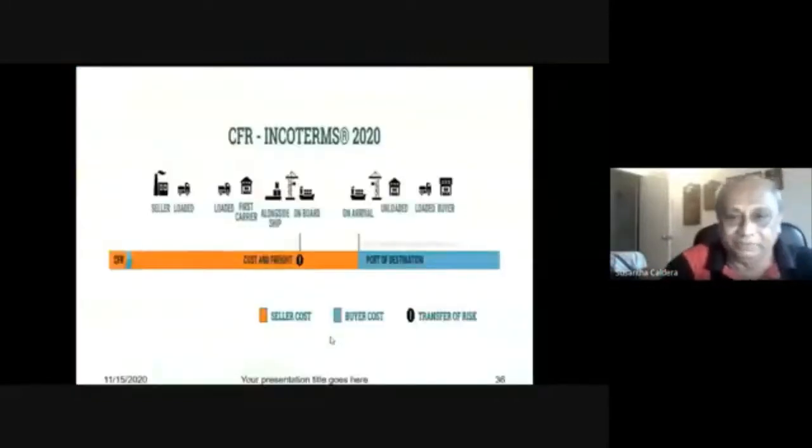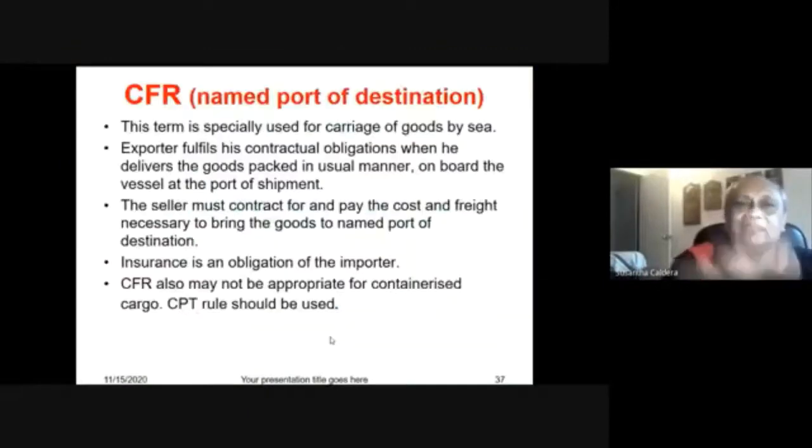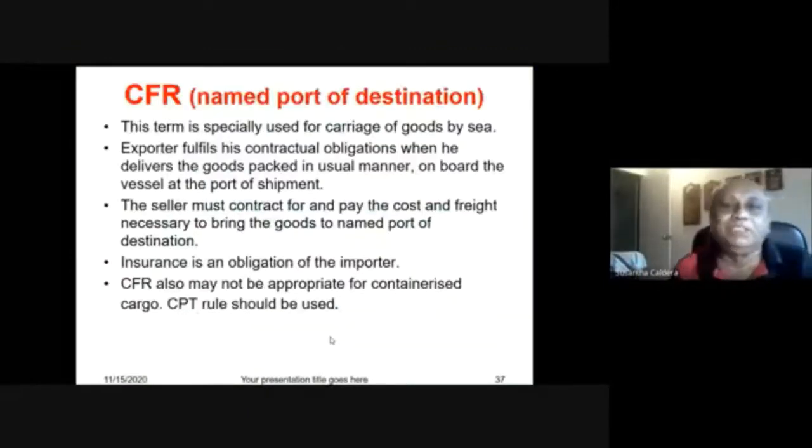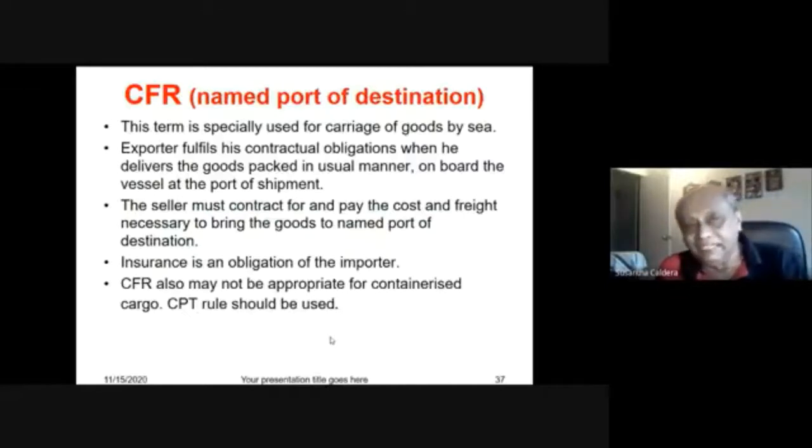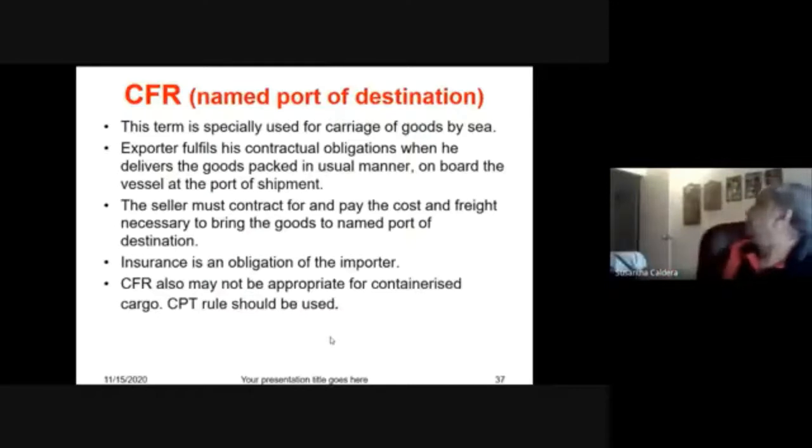CFR. Now the seller's cost is higher in this one. CFR, this term is specially used for carriage of goods by sea. The seller must contract for and pay the cost and freight necessary to bring the goods to the named port of destination.